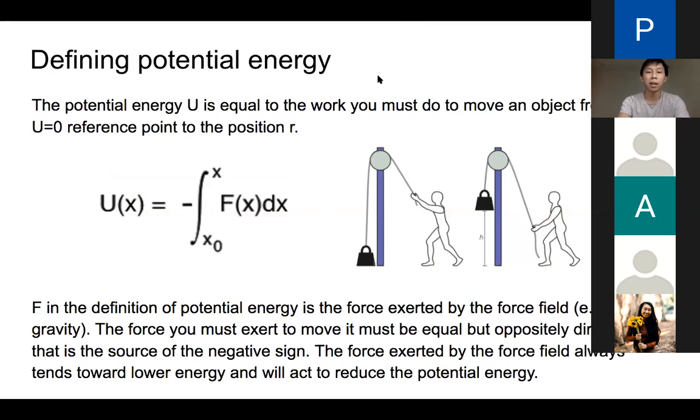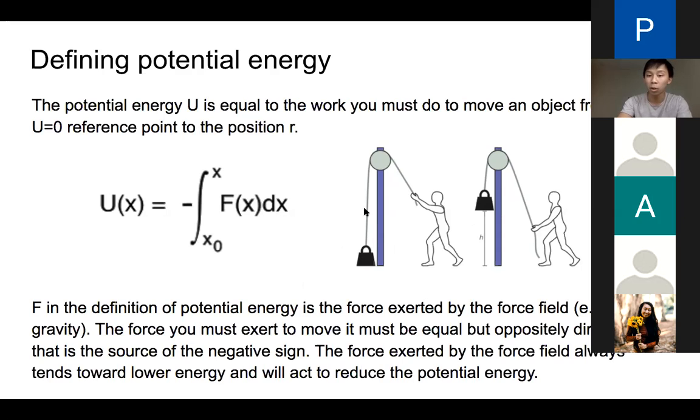So how do we define potential energy? Potential energy is equal to the amount of work you have to do to move an object from the potential energy zero reference point to the position R, or wherever the next position is. Let's take our gravitational potential energy example again. This is a diagram in your book. You have this weight on the bottom, and someone pushing it against the force of gravity up a height h.